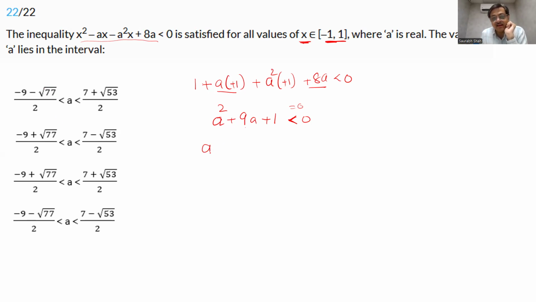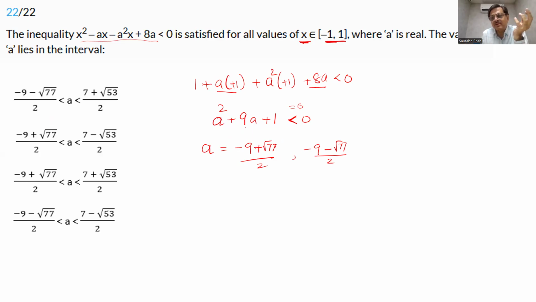So a in this range will be between the two roots: a will be equal to (-9 plus root 77) by 2, and the second root will be (-9 minus root 77) by 2. Now this looks like a positive value, but this is also a very small negative value.